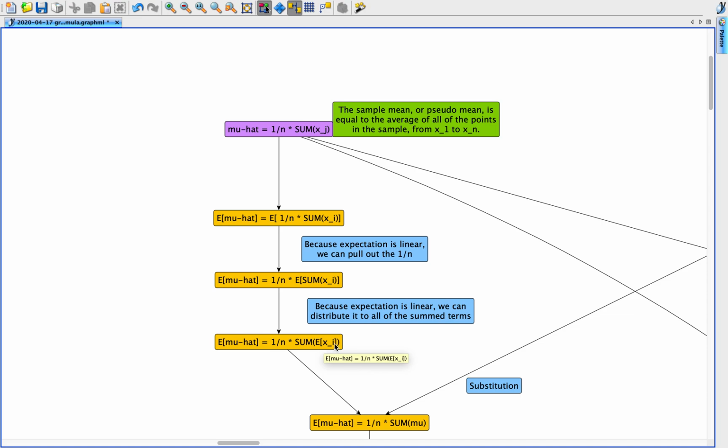Because expectation is linear, we can distribute it to all of the sum terms. We can think of this sum as x1 plus x2 plus x3 all the way up to xn, and so we can just treat each of those.